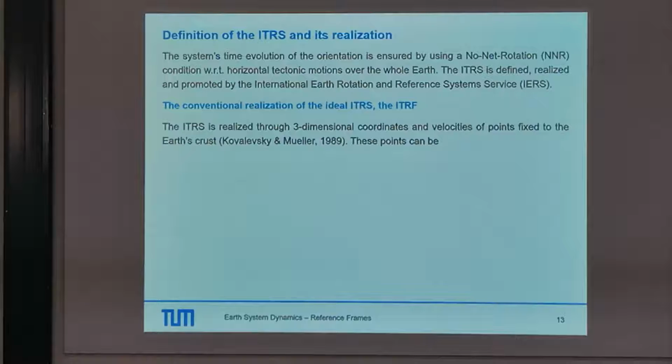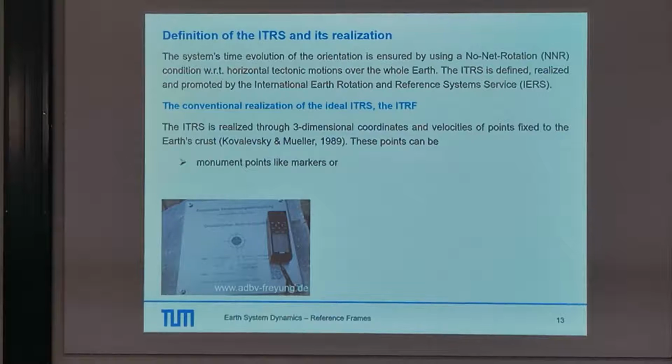The conventional realization of this ITRS is the so-called ITRF. And Kovalevsky and Müller already defined that the ITRS is realized through three-dimensional coordinates and velocities of points fixed to the Earth crust. And how can these points look like? Well, on the one hand, you have monument points like markers.